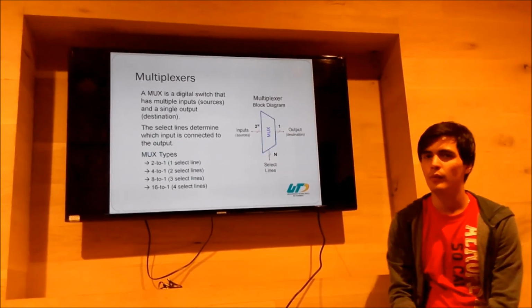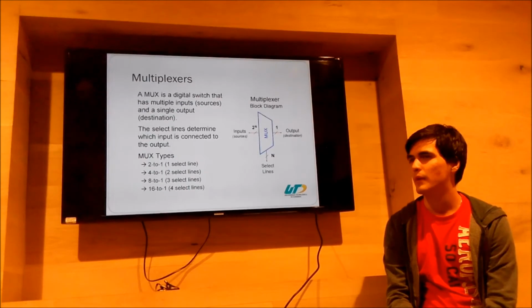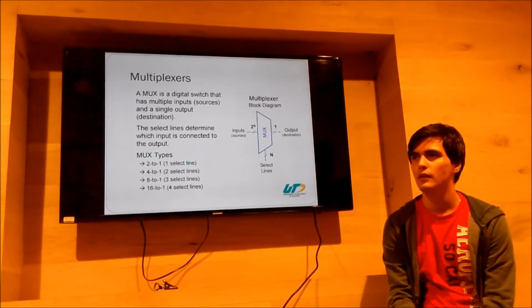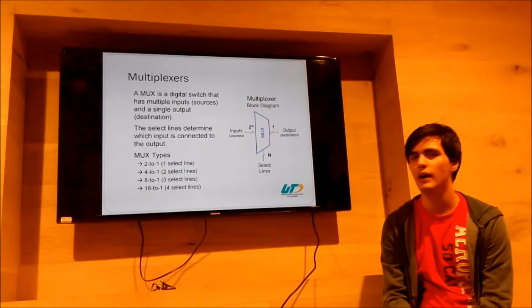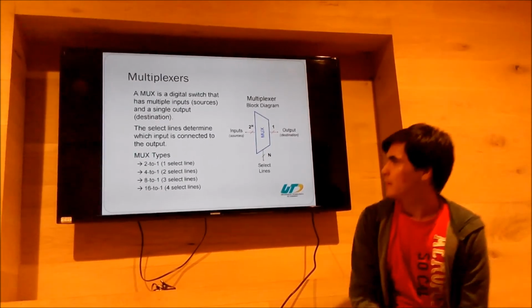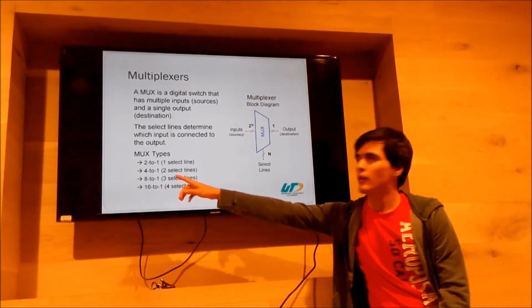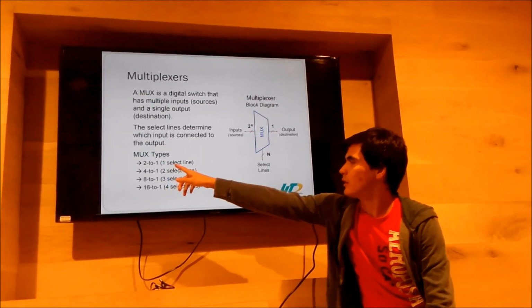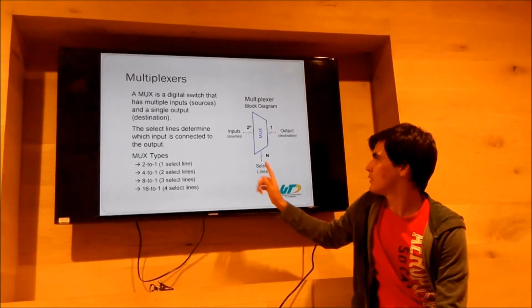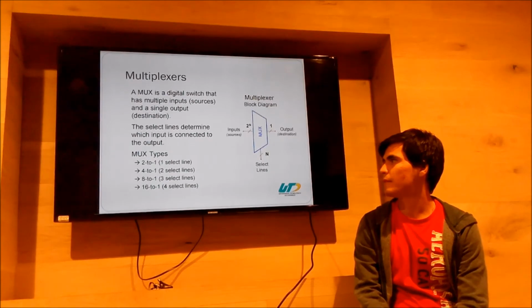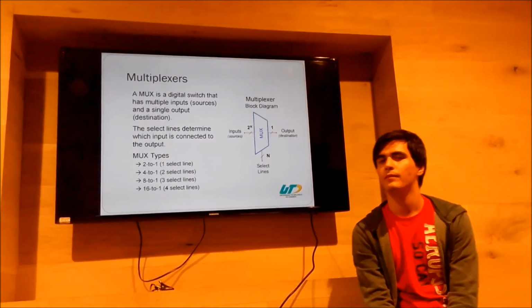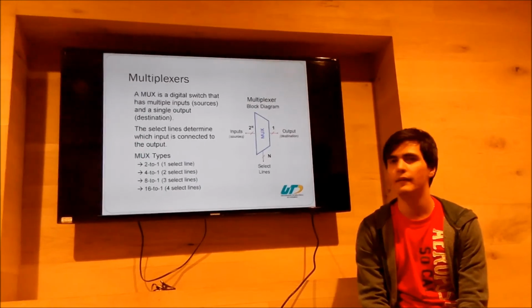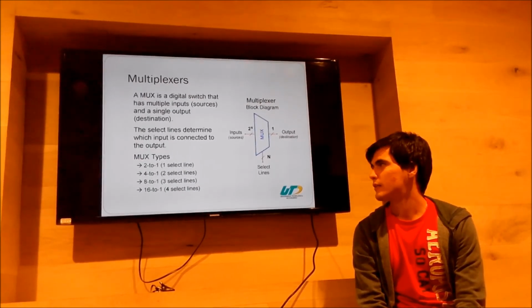The inputs can vary depending on how much data you need to pass to the output. It depends on how many lines of input you have, and how many select lines you will have. If you have 2 input lines, you will have 1 select line. If you have 4 input lines, you will have 2 select lines, and so on.